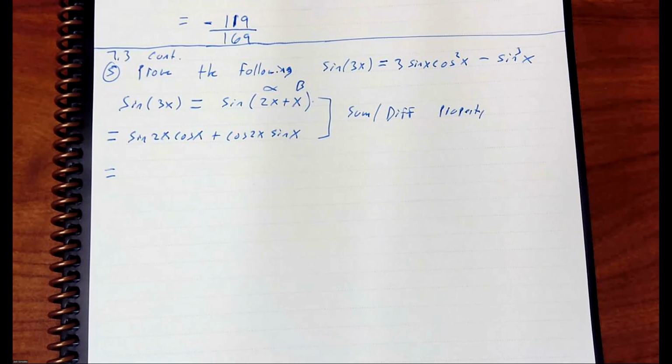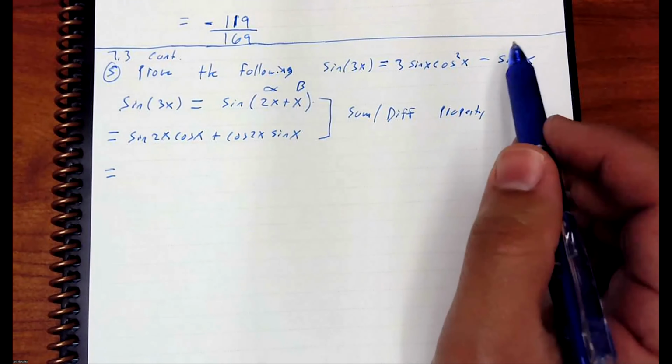So now you see 2 double angles, right? Sine 2x, cosine 2x. So apply it to both and see if we can get some cubes and squares to appear.